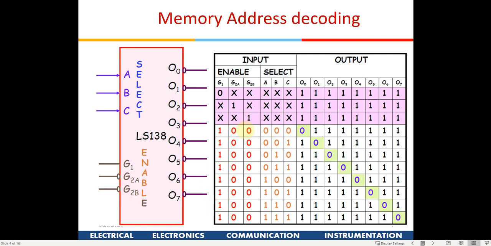In this configuration it works like a decoder: for all zeros the first line will go low, active low, and for 001 the second line will go low, that is output 1. For the value 2 the third one will go low, and similarly for 7 the last one would go low. So this is the truth table of an LS138.